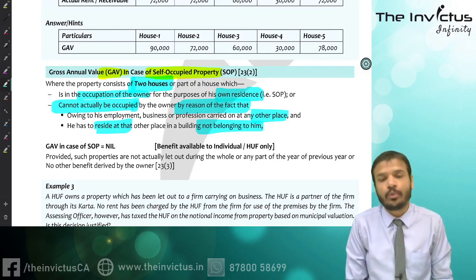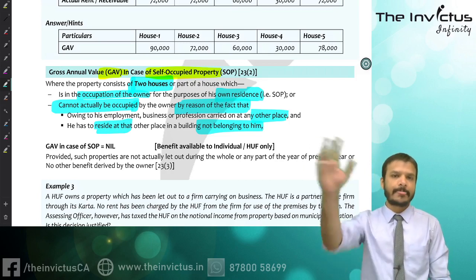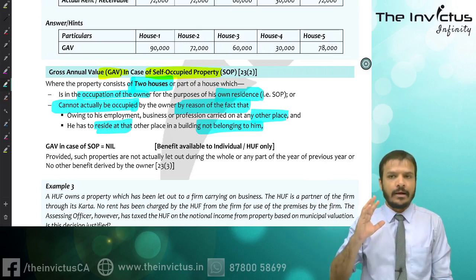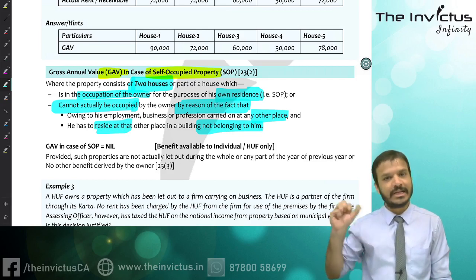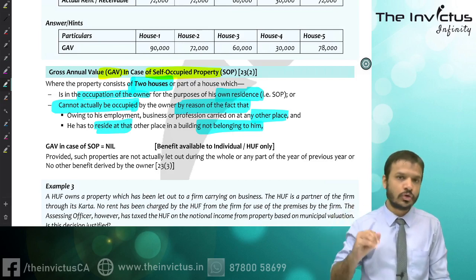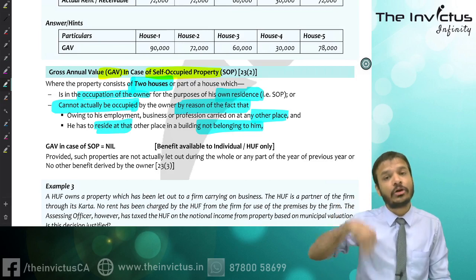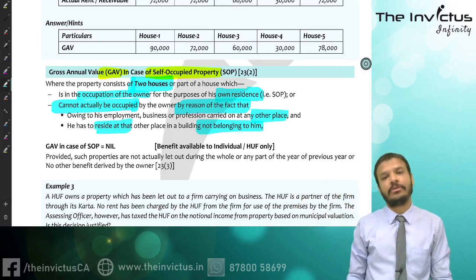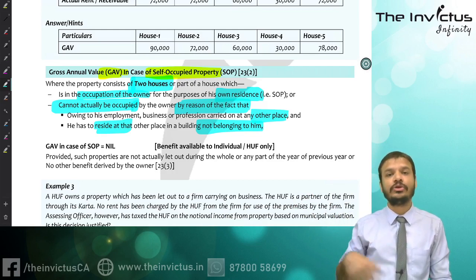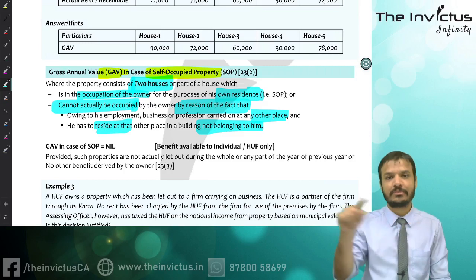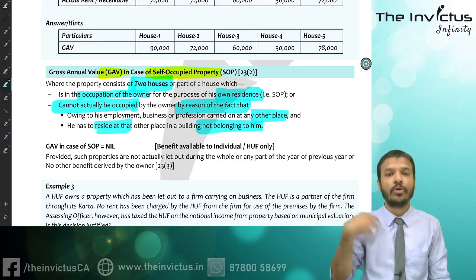Now, what happens? I am living in Ahmedabad. I have my business, profession and everything set up in Ahmedabad. So, by reason of that, I cannot occupy the property which is in Baroda. And the second condition is what? I should not be living in a property where my business and profession is carried on, which is owned by me.